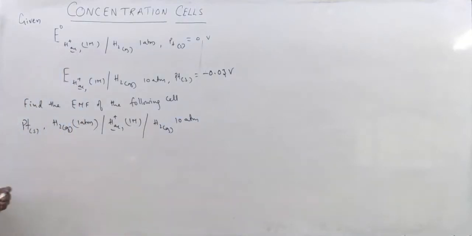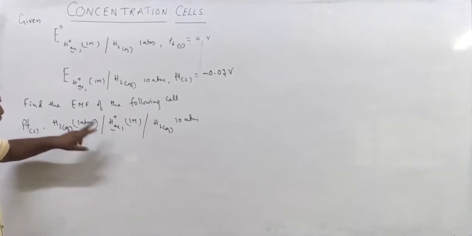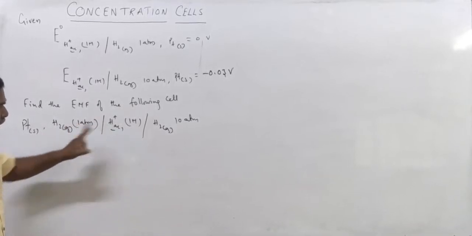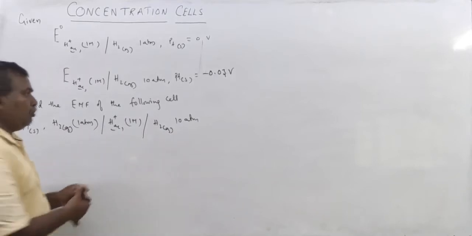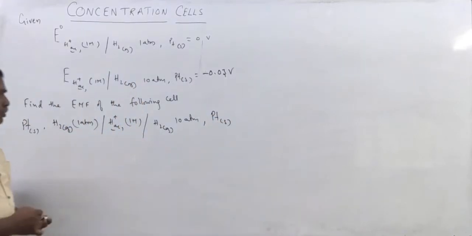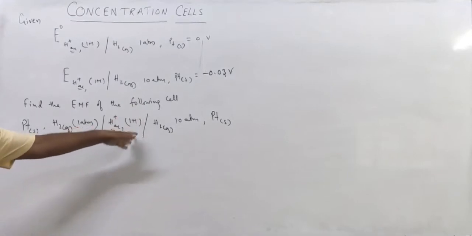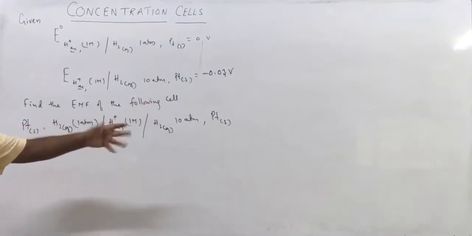Clear? Once again, if the concentration of electrolyte in both the compartments is the same, then you can represent the cell like this also. No need to write H plus, salt bridge, H plus ion concentration one more time.